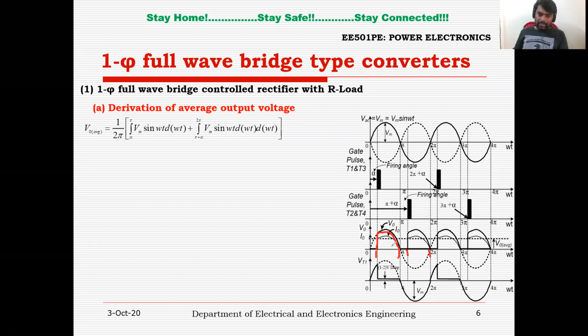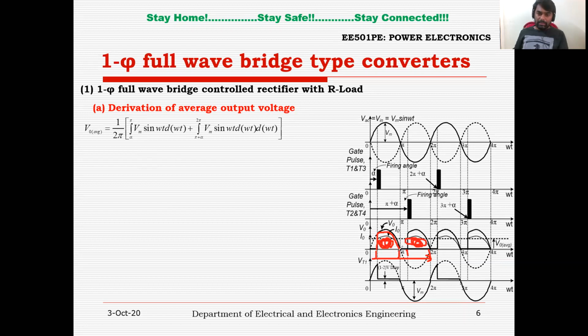Now if you integrate this area, you will get the average output voltage. So that is what I have written here, 1 by 2 pi. So I need to consider the complete one cycle, which is the 2 pi interval.